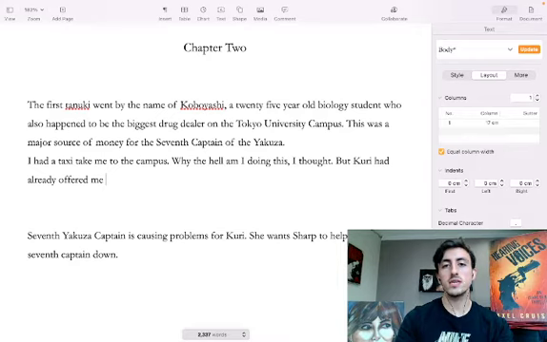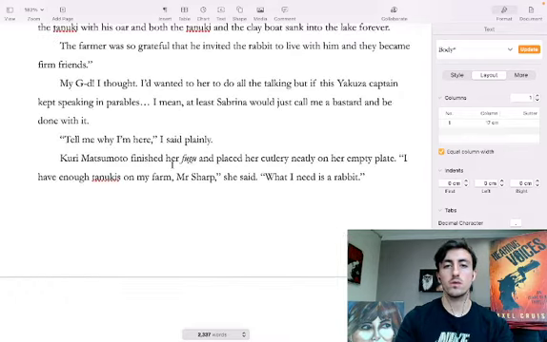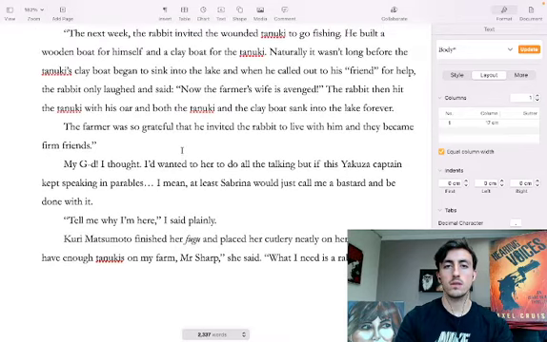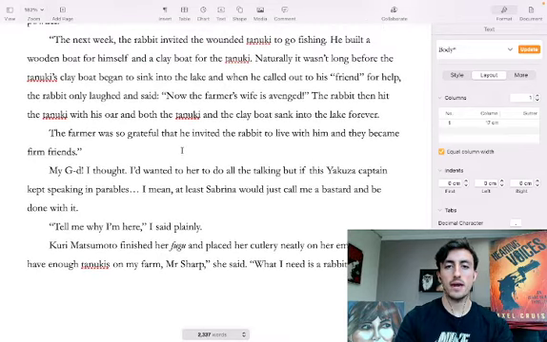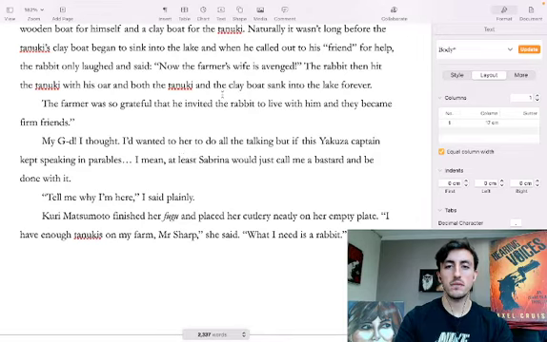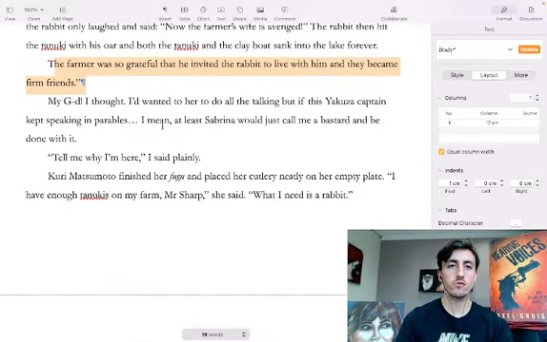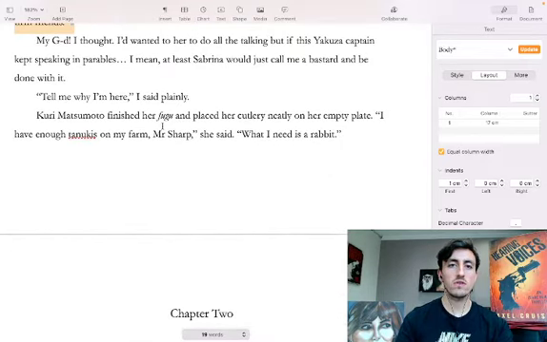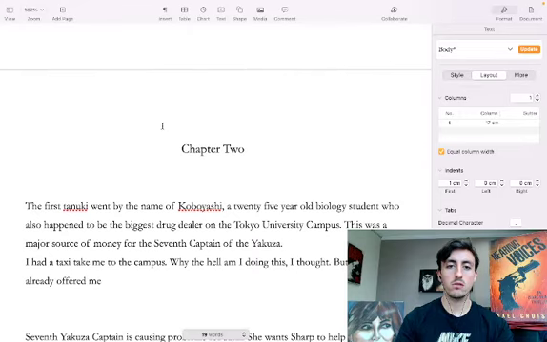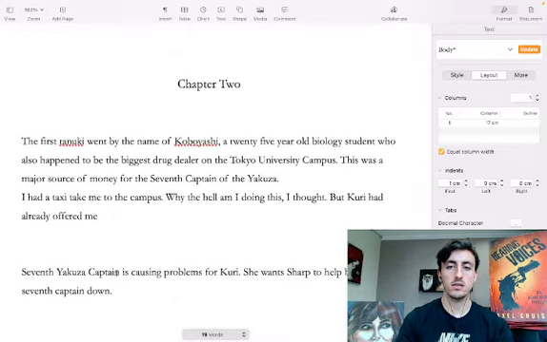So the whole reason he's accepted this deal with Curie is because she said, I know why you're in Japan. And basically she's saying in this whole story, the farmer was so grateful that he invited the rabbit to live with him and they became firm friends. She's promising him a reward, and that reward must be the reason why Sharp is in Japan. So she'd already offered me what I was looking for.